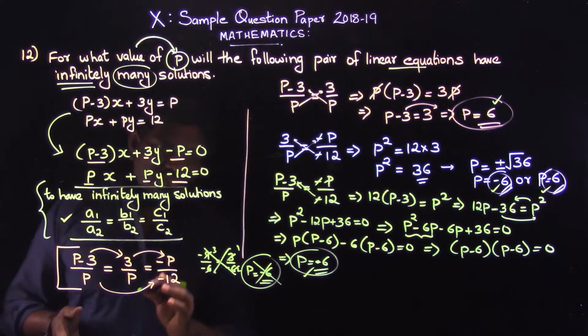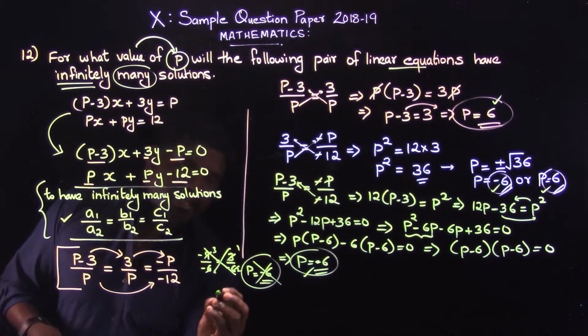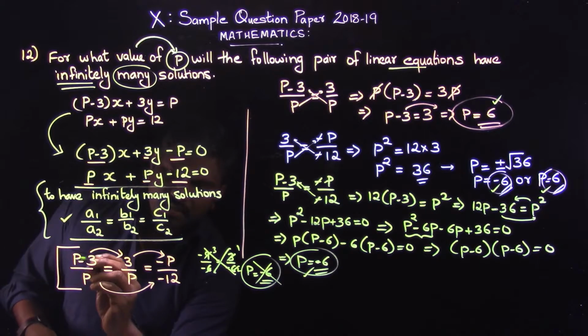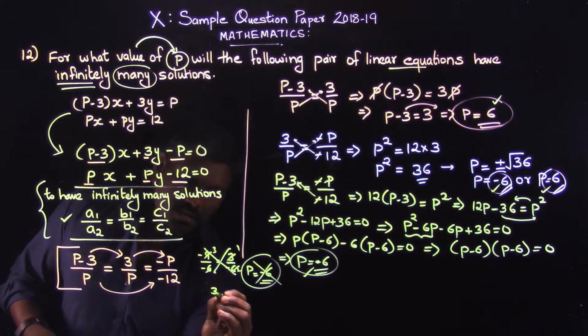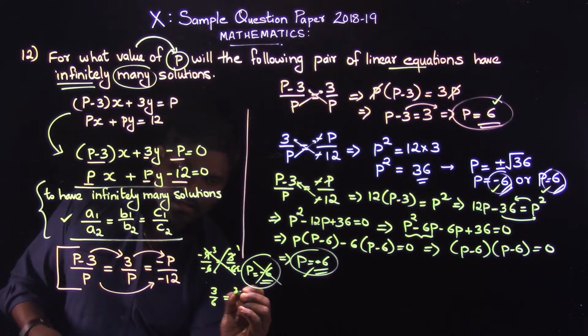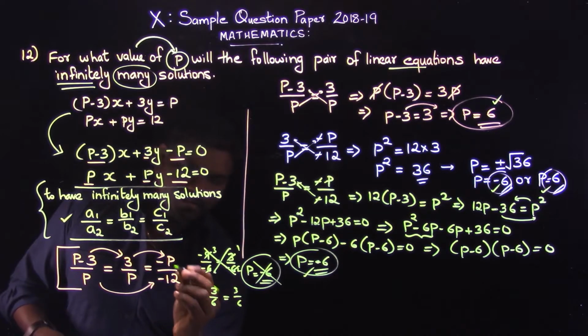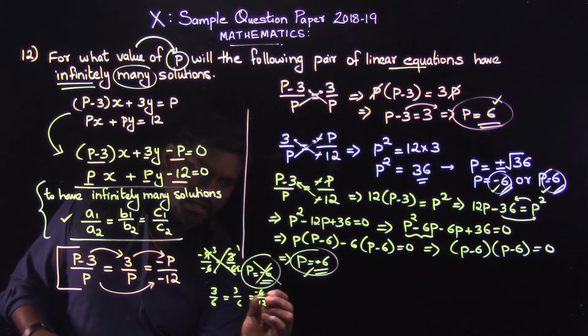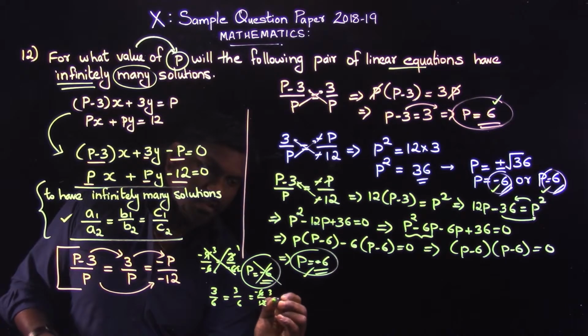Now check the 6 then. If you check 6, then 6 minus 3 is 3, then again 6 over here also, 6 by 12, which again you cancel it, and 2, if you cancel it, it's going to be 3 by 6.